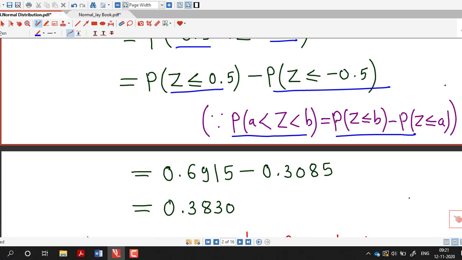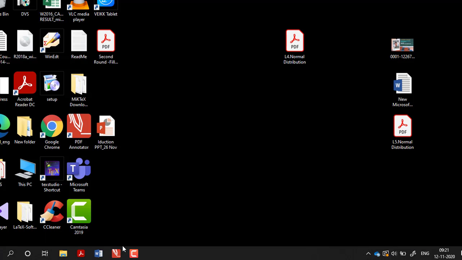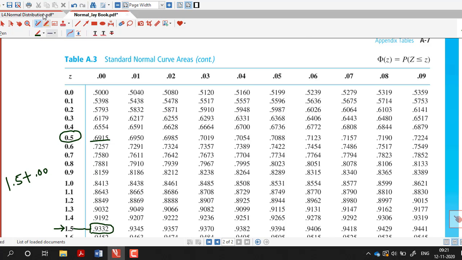Now from the table we have to look for Z equal to 0.5 and also for Z equal to -0.5. Z equal to 0.5 is here, and for Z equal to 0.5 we have 0.6915 that we substitute here.